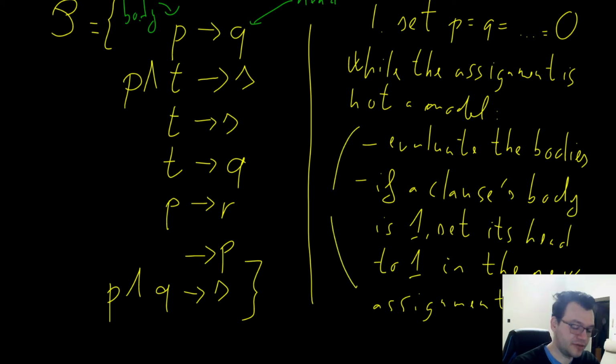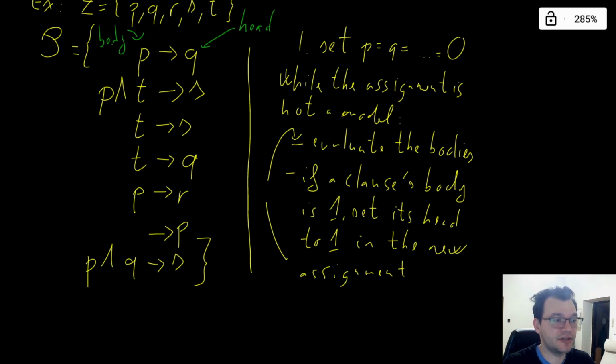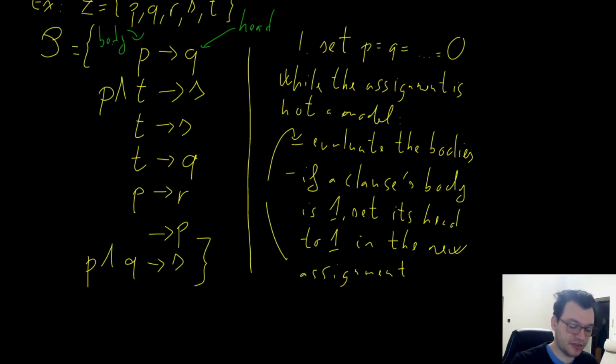And you just repeat: evaluate, reassign, evaluate, reassign. I'm zooming out a little bit just to make this visible. So that's an algorithm: just compute and recompute all those assignments.